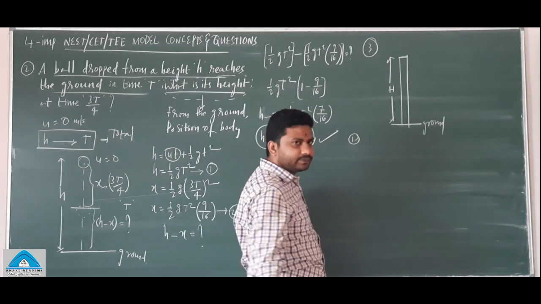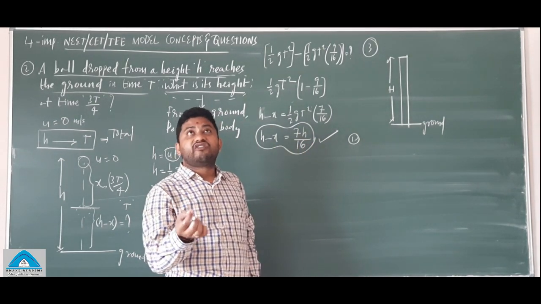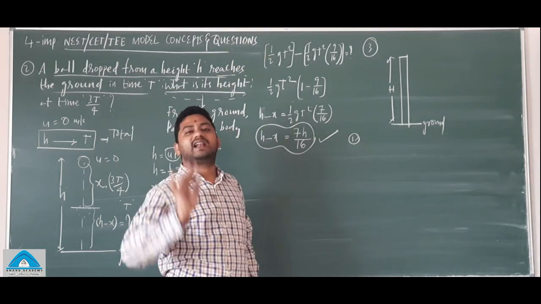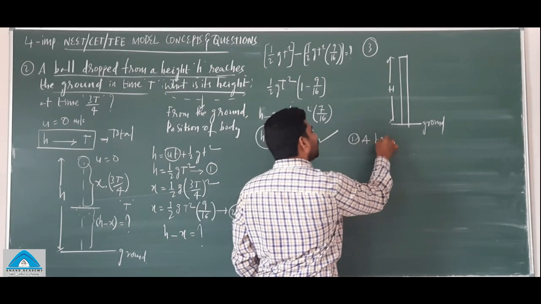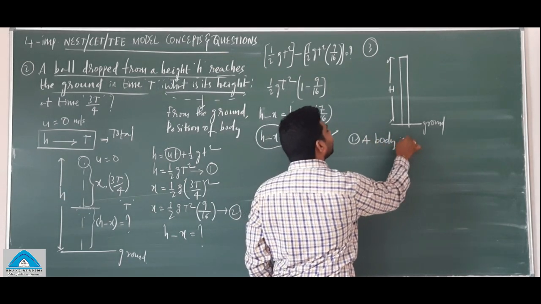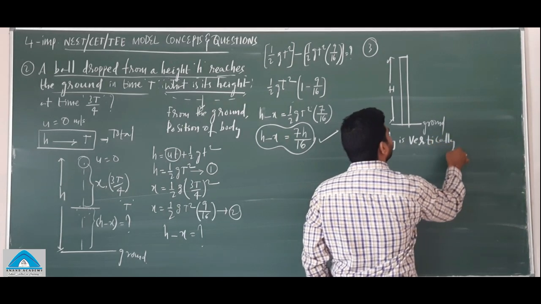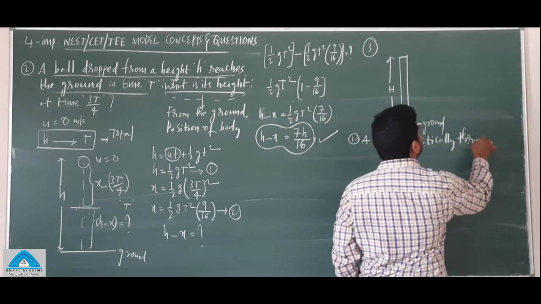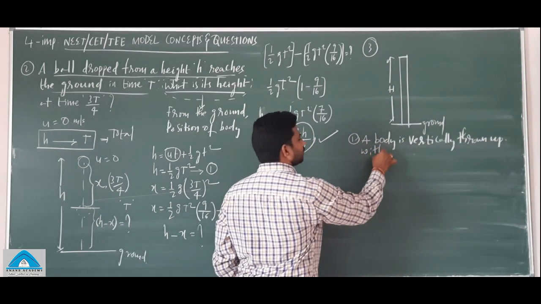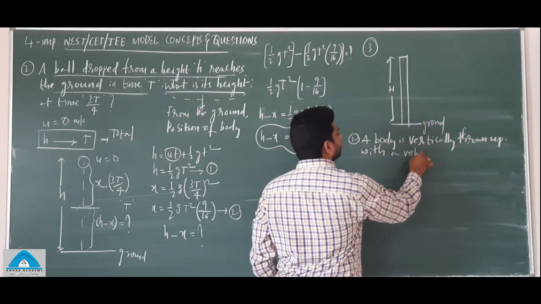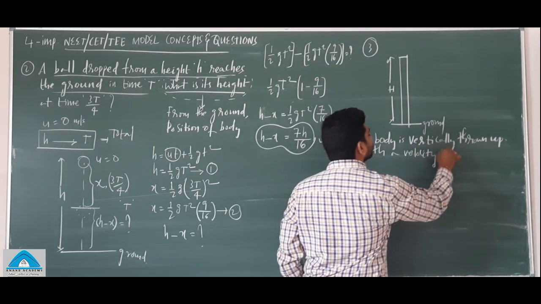First case, a body is vertically thrown up with a velocity u.